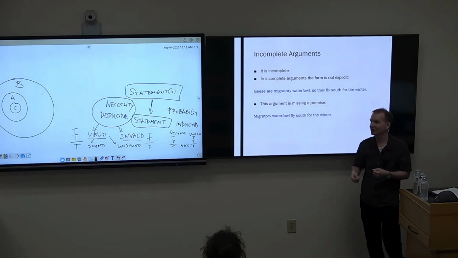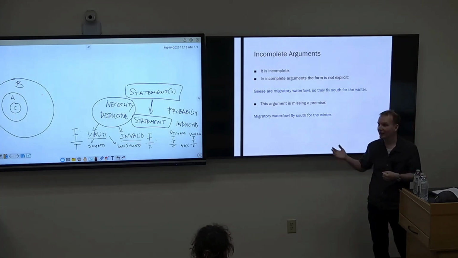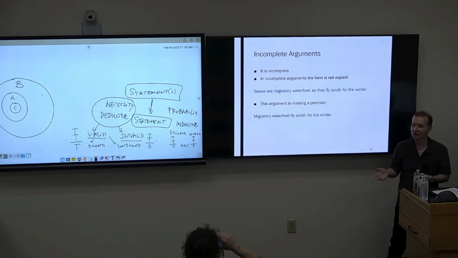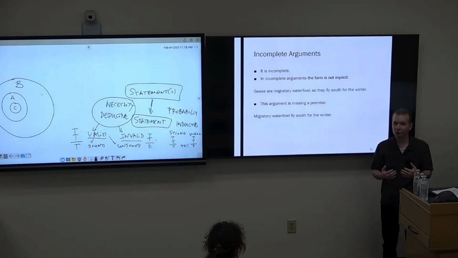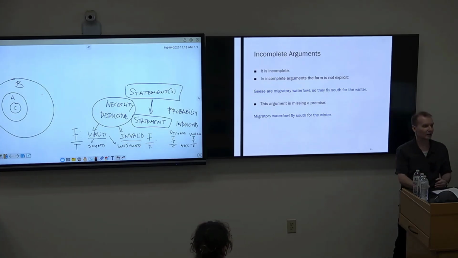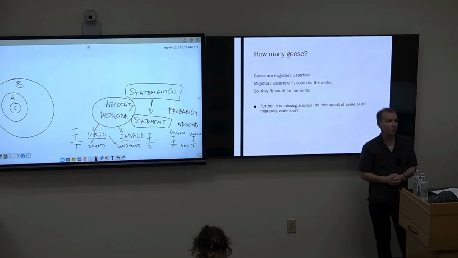You're explaining things which are obvious. But it still is knowledge we have to possess to understand this argument. So if we want to be consistent, we have to actually insert it there, spell it out, because otherwise it's not immediately obvious. And then we get this: geese are migratory waterfowl. Migratory waterfowl fly south for the winter, so they fly south for the winter.